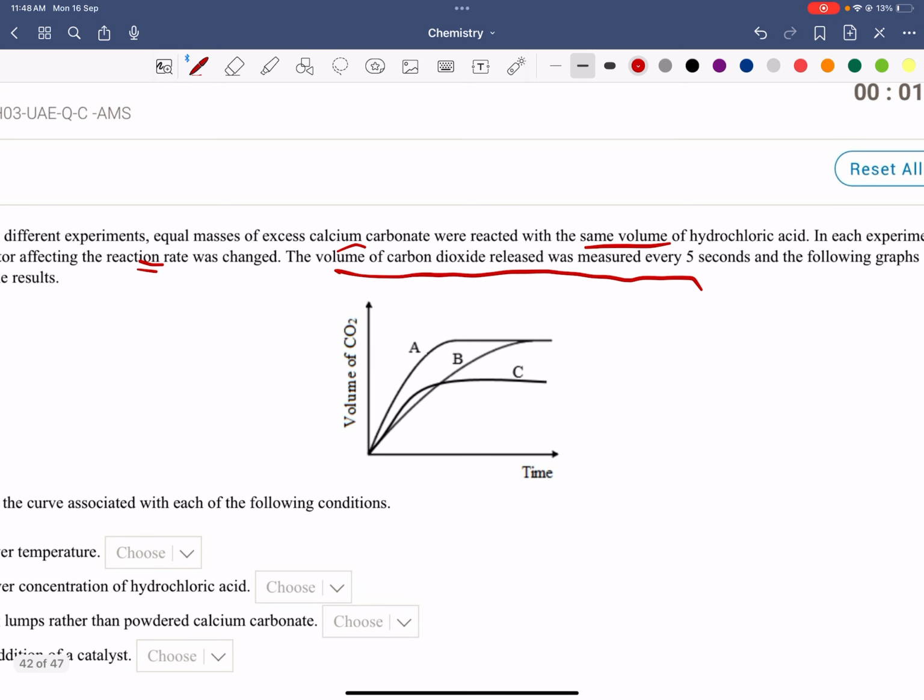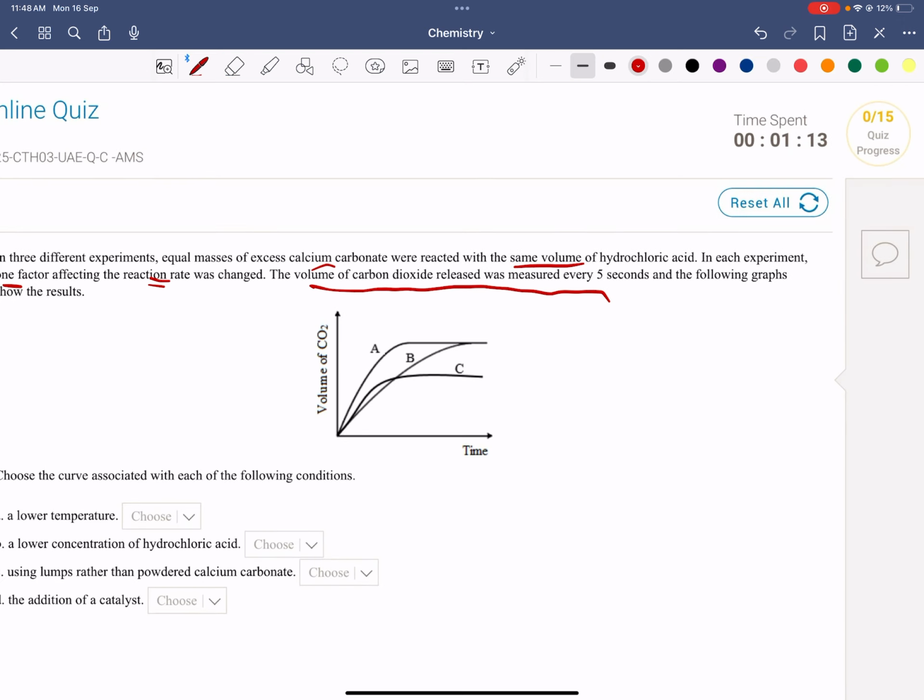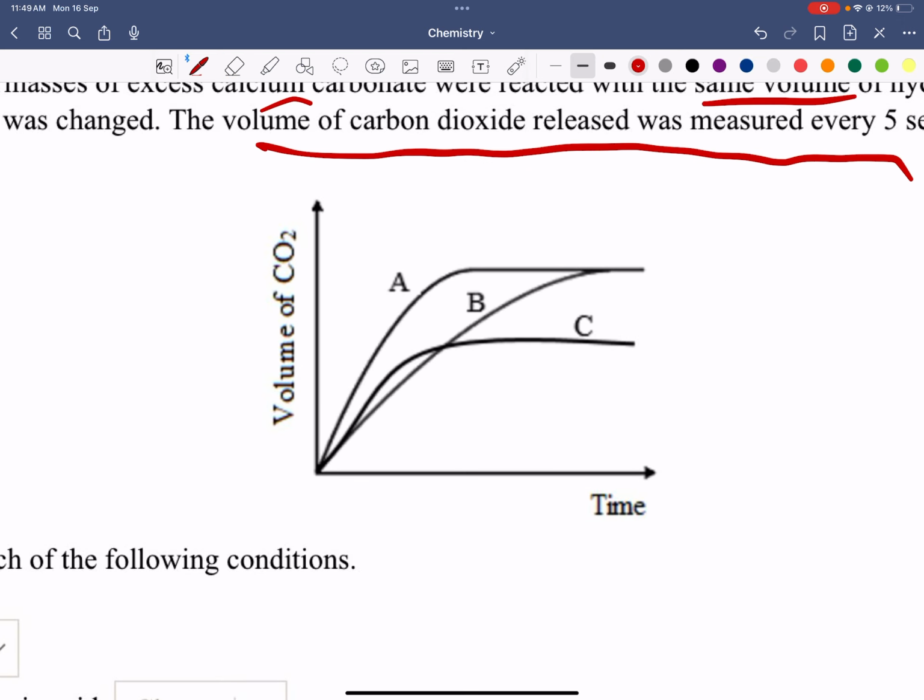Of course, A has the steepest slope, so A is going to have the highest reaction rate. Now between B and C, as you can see, C has a steeper slope, so it begins faster. However, it reaches a lower final volume than B. B catches up with A. So I need you to think about that. That means in C, we're decreasing the amount of substrate, the amount of concentration we have.